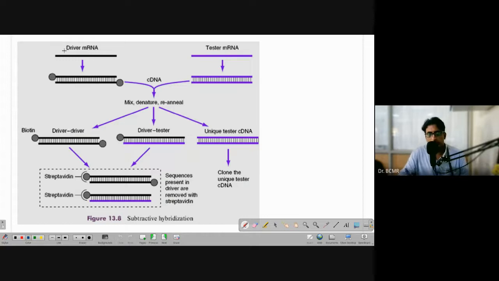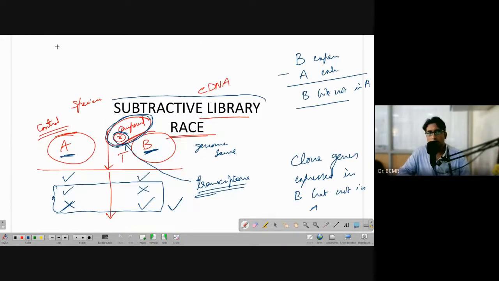So here is the setup. You can consider this to be the A, like in the experimental setup that I discussed. I've given only an experimental setup. It could be the same organism, or two individuals of the same organism, one wild type and one a mutant. It could be treated and untreated.